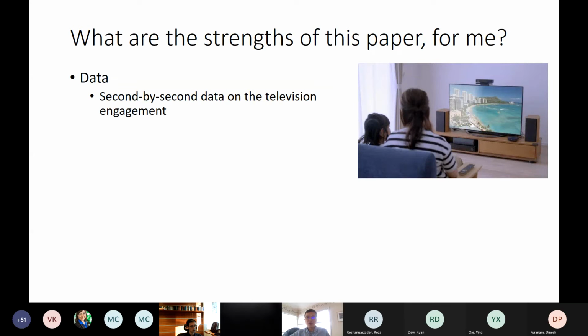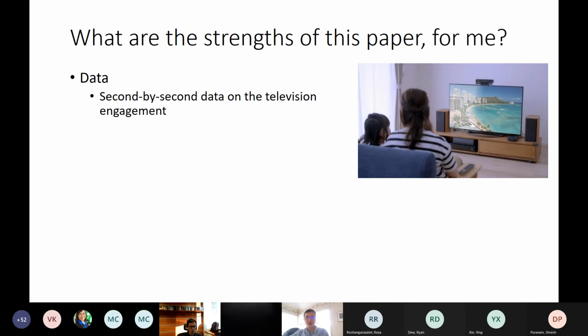So what do I think are the strengths of this paper? I'm going to pull out two photos which Kosuke showed in his talk. With this kind of device, advertisers in the past could also see whether people are viewing the TV or not. They can also collect second by second data to see the viewing data.